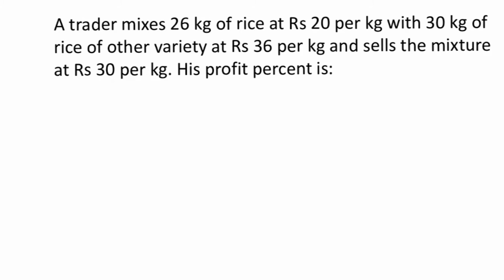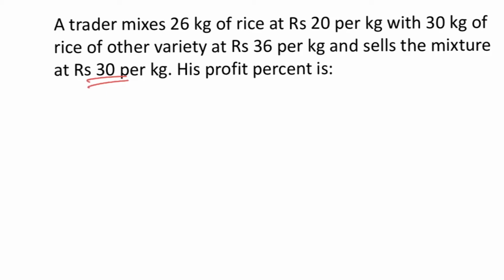A trader mixes 26 kg of rice at 20 rupees per kg with 30 kg of rice of another variety at 36 rupees per kg, and sells the mixture at 30 rupees per kg. We require profit percent.